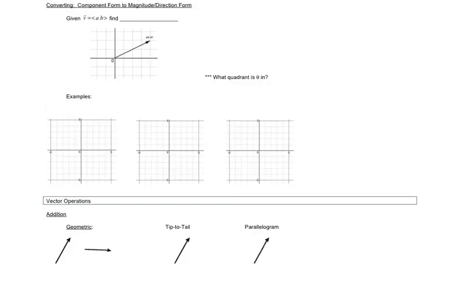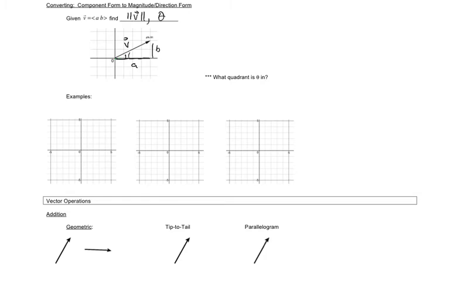Now going backward from component form to magnitude and direction form is a little bit trickier. So if I'm giving you the component form, so if I tell you that my vector is (a, b), that means change in x, the horizontal, is A and the vertical is B. And I want to find the magnitude and the direction.